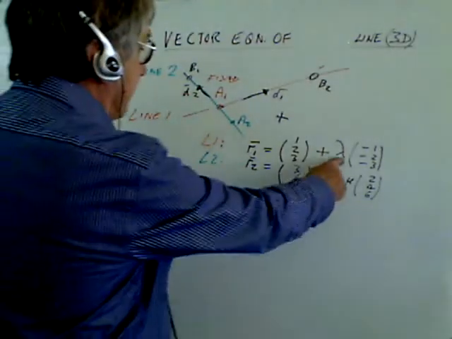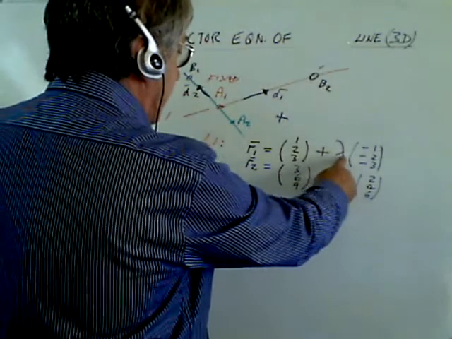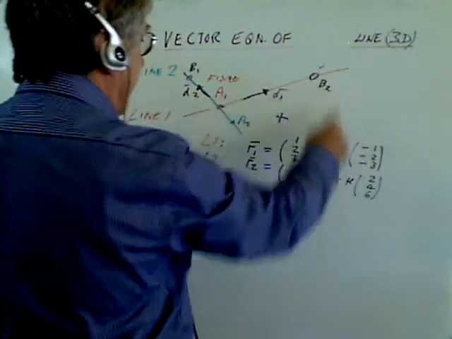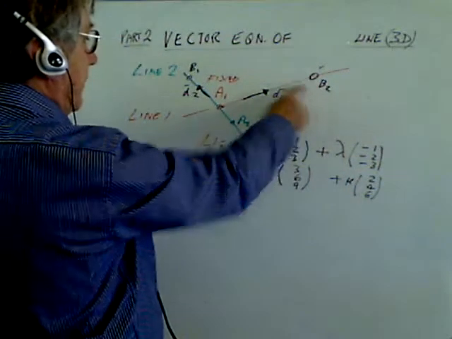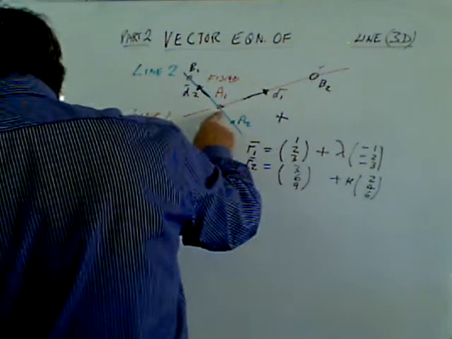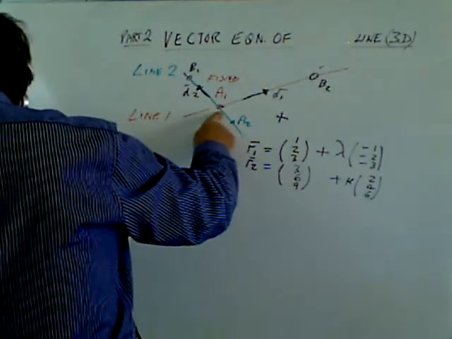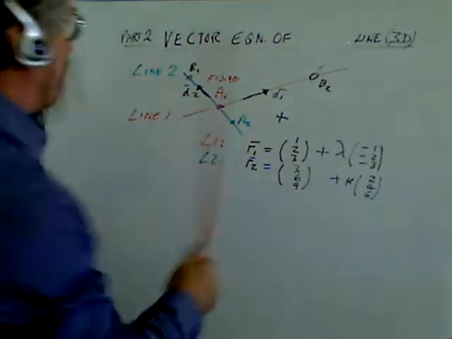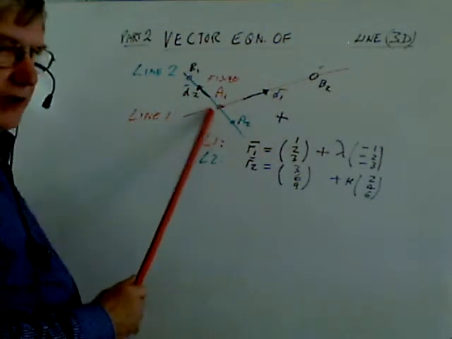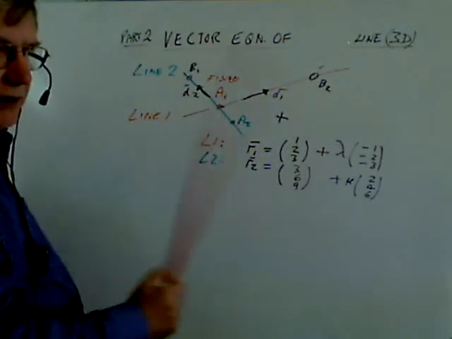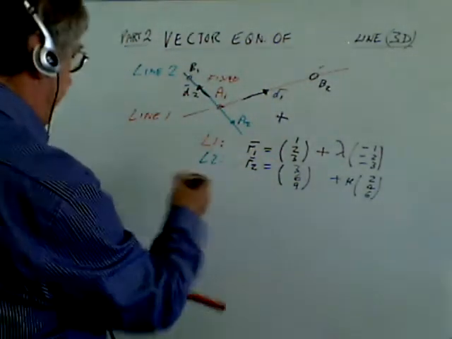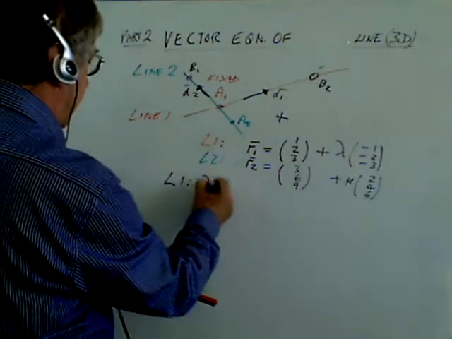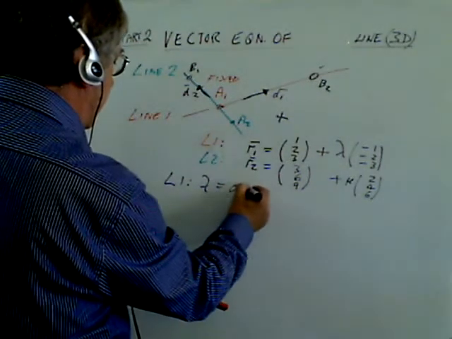I can pick any value of lambda I like for line 1, and if I pick lambda equal to 0, this point will land on A1. So let's do that. For line 1, set lambda equal to 0.